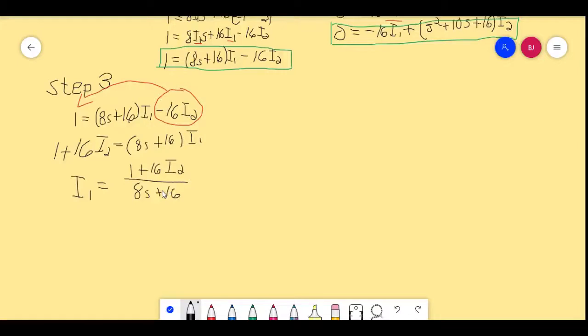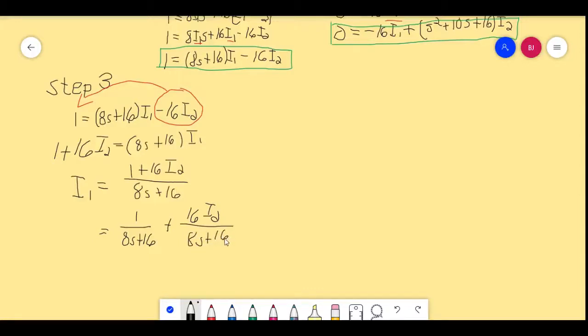So technically these are actually two terms, 1 over 8s plus 16 and 16I2 over 8s plus 16, which you could actually further simplify if you want. Okay. So we could use this, well, depending on the situation, or you could have it like this, 1 over 8s plus 16 plus 16I2 over 8s plus 16.